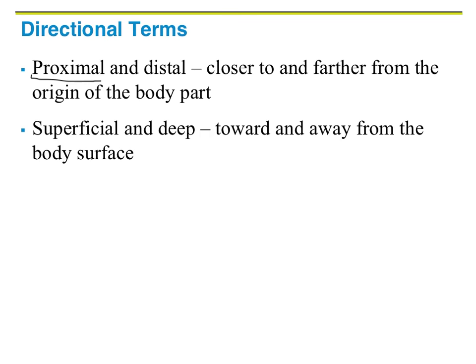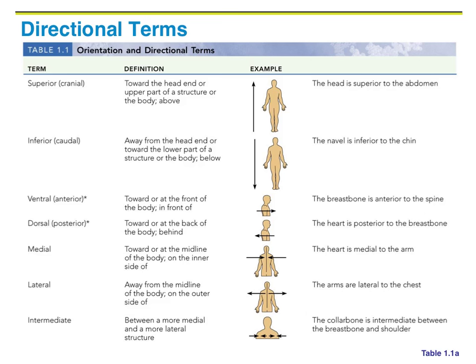Proximal is closer to the origin of the body. Distal is farther away from the origin of the body. Superficial is toward the surface of the body, and deep is away from the surface of the body. In Slides 5 and 6, you'll notice some examples that are used to help you to understand these directional terms.